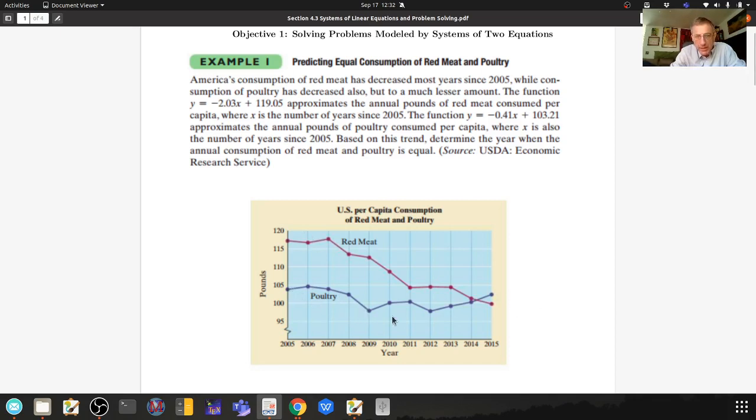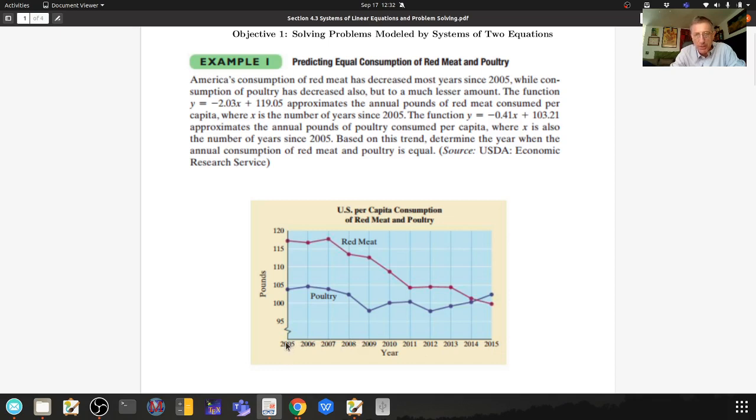And they've done the same thing with poultry, and they came up with the equation y is equal to minus 0.41x plus 103.21. And that approximates the annual pounds of poultry consumed per capita, where x is also the number of years since 2005.